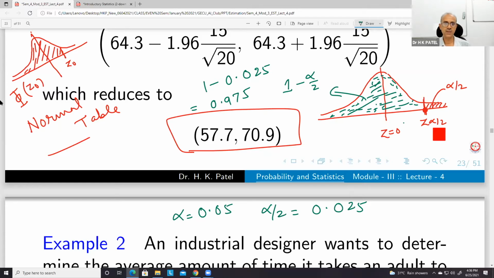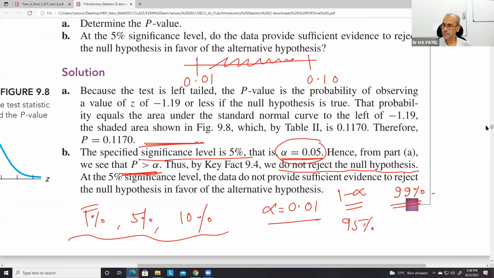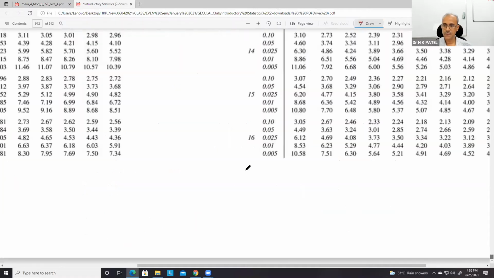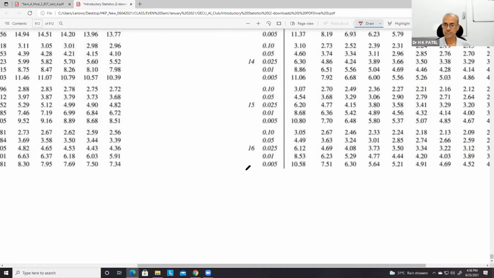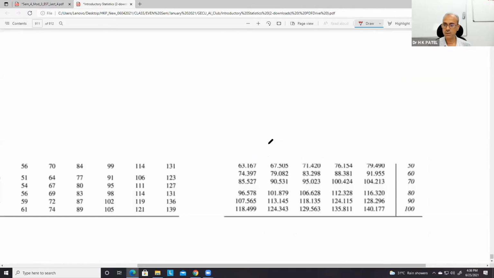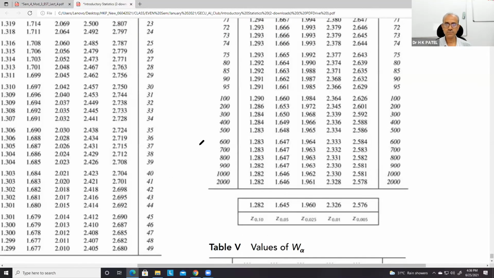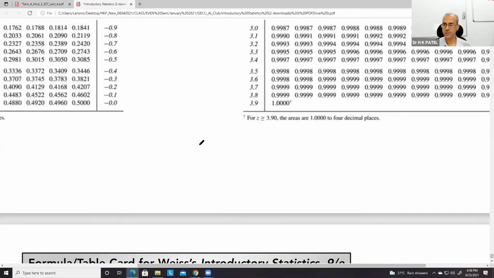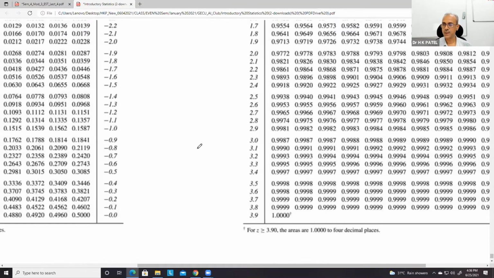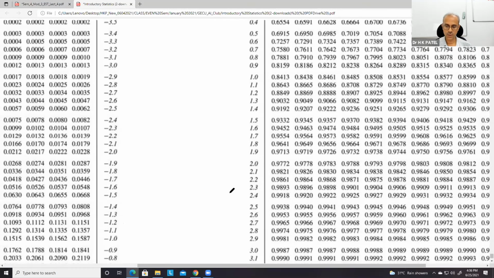Okay, let me see if I can get the table here. Normal table, this is the area under the normal curve.